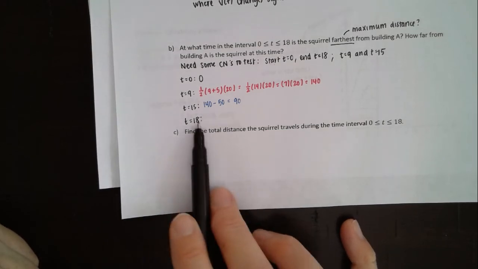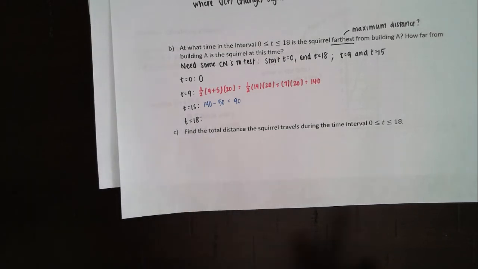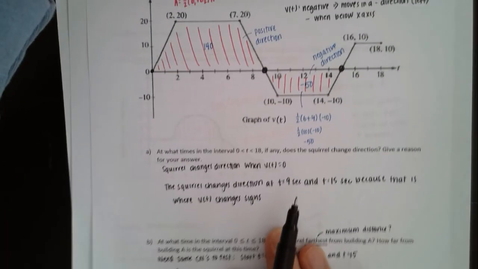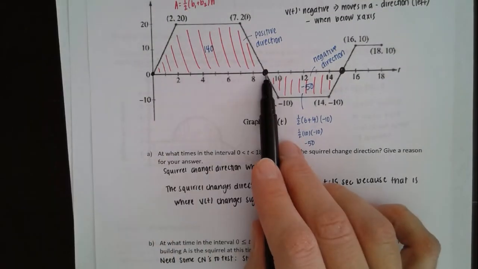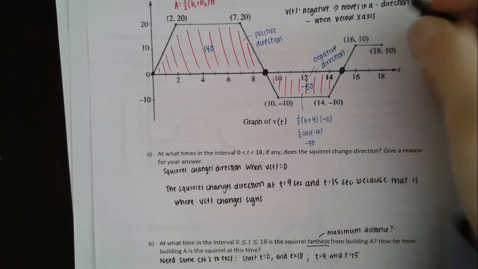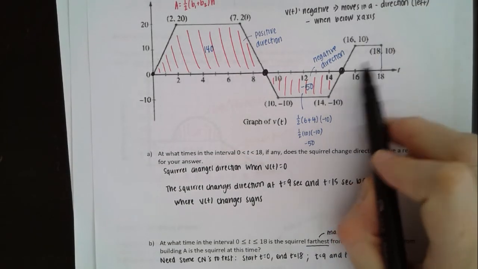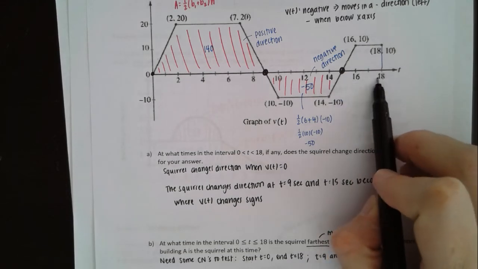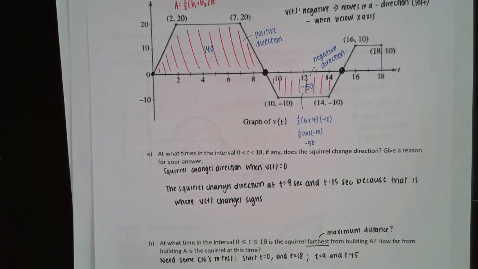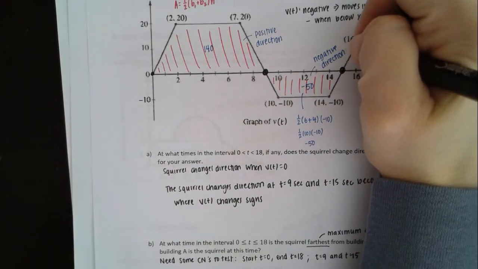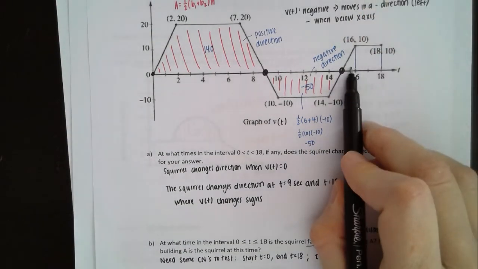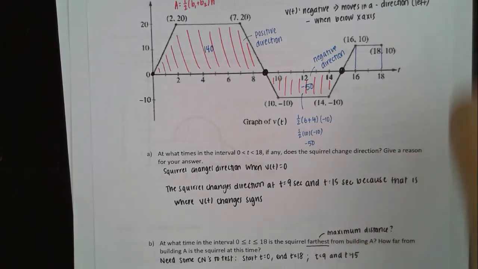So if we want to know the distance at t equals 18, we already know the distance from 0 to 9, and we know the distance from 9 to 15. We just need to know the area under the curve from 15 to 18. Here we can split this up into a triangle right here and a rectangle right here.